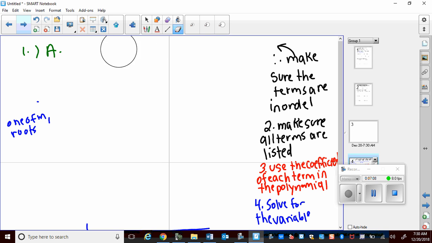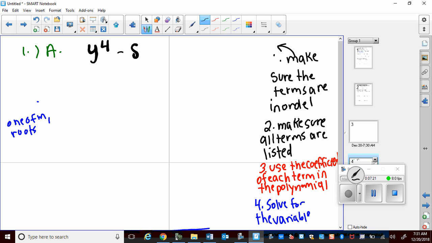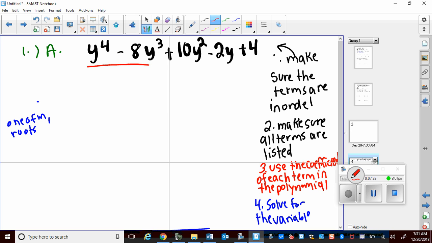Make sure you're using another piece of paper so you fully understand how to complete this process. So I have y to the 4th minus 8y cubed plus 10y squared minus 2y plus 4, and I'm dividing by y minus 2.